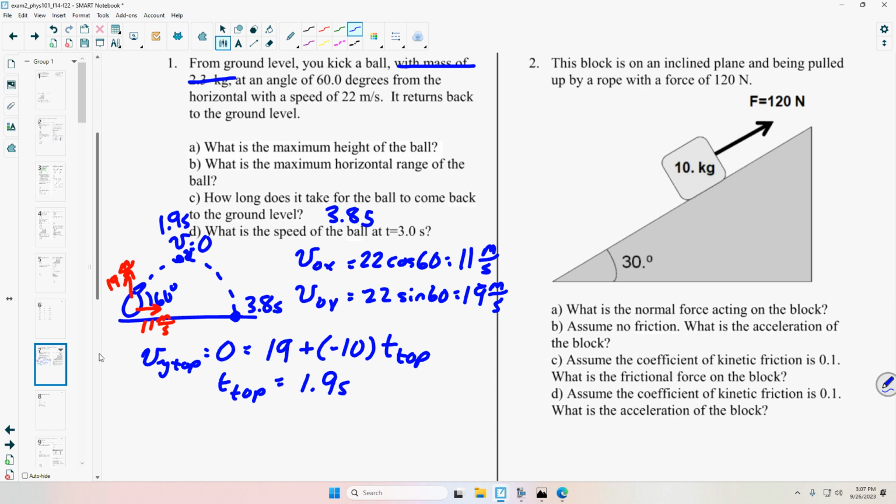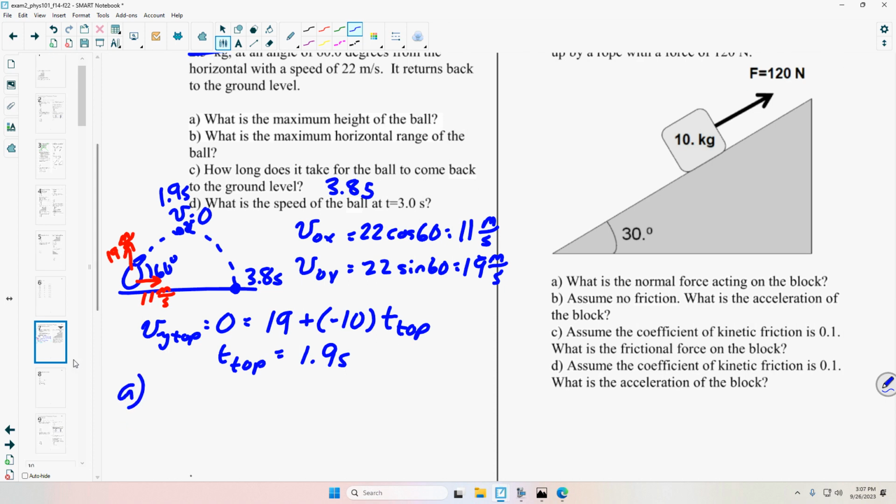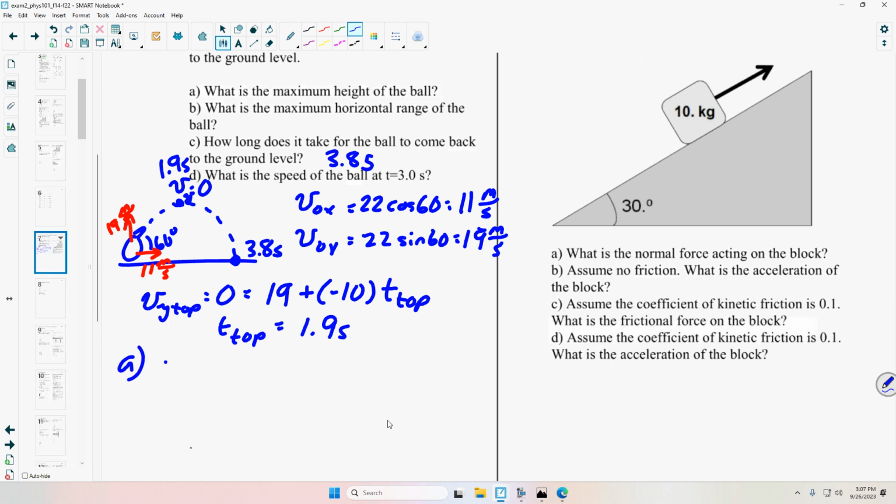But I need that also to find the maximum height of the ball. So part A is what is the height of the ball? That is y is equal to V naught y t plus 1/2 ay t squared. But now that I have the time, I'm just plugging that time at the maximum height to get the y position at that time. And I know the time at that position is 1.9 seconds.